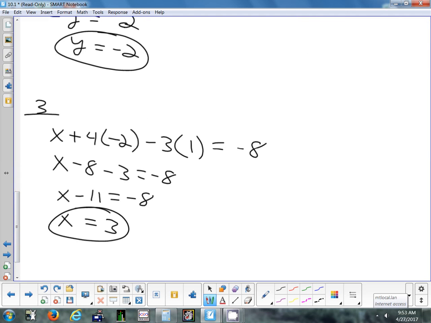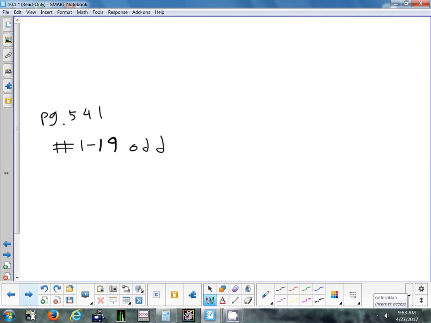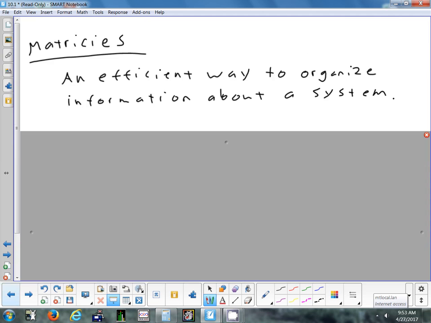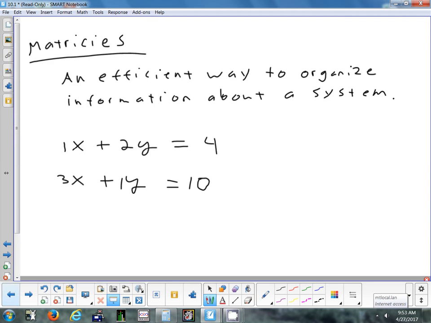All right, so that approach that we used to solve it, elimination, probably that's the highest amount of variables you'd want to use it with. Beyond 3 variables, we're going to want to start to use a matrix to organize everything.